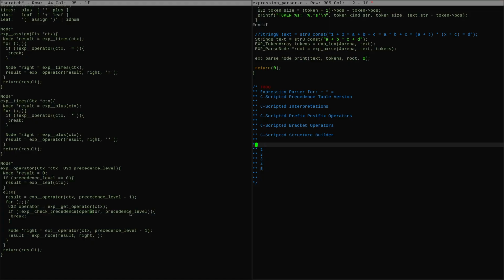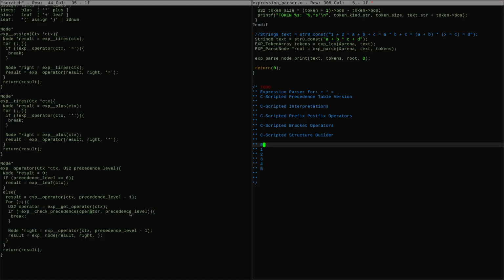And what you do is you pop the 0 and you go, is it an operator at this precedence level? No. Is it an operator at this precedence level? No. Is it an operator at this precedence level? Yes. And then you consume that and once again go 2, 1, and then 0 and get the leaf and then scan back up to find the next precedence level.